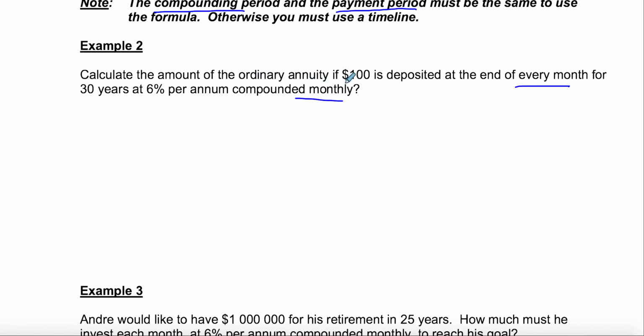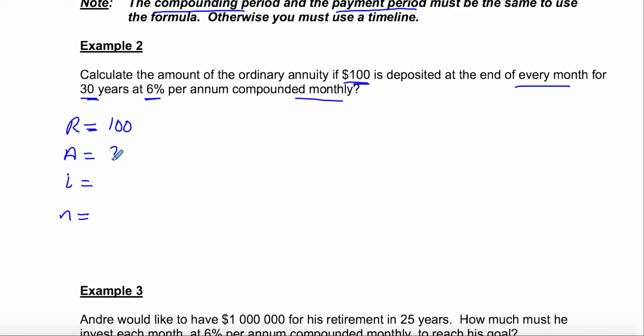Calculate the amount. It's $100 that's being deposited at the end of each month for 30 years at 6% per year. So I definitely don't want to make a time diagram for this, but I'm going to have my R, A, I, N down the side. My regular payments, think of that R for regular payments, are $100.